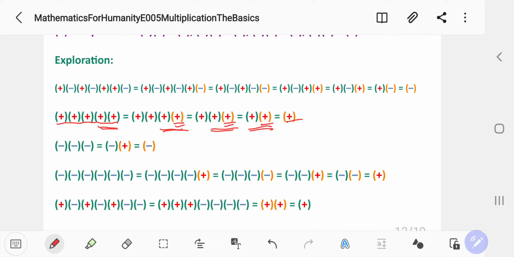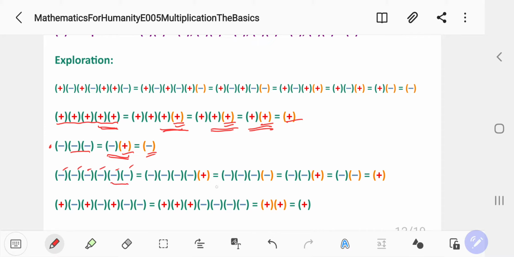So here you have three negative numbers being multiplied. So this 2 will result in a positive number, and then this 2 will result in a negative number. Then here you have 6 numbers being multiplied. 1, 2, 3, 4, 5, 6.